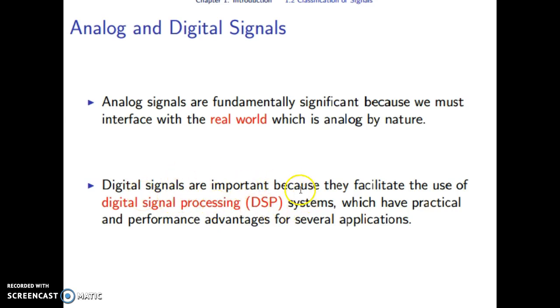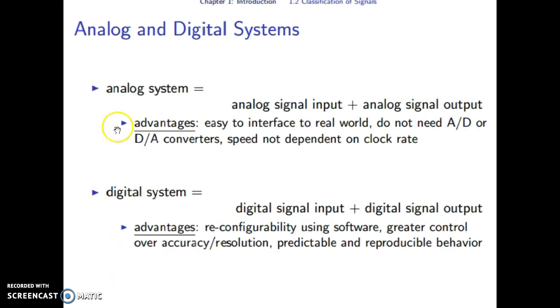Digital signals are important because they facilitate the use of digital signal processing systems, which have practical performance advantages in several applications. If you are dealing with an analog signal, you may have an analog system; if you are dealing with digital signals, you may have digital systems.